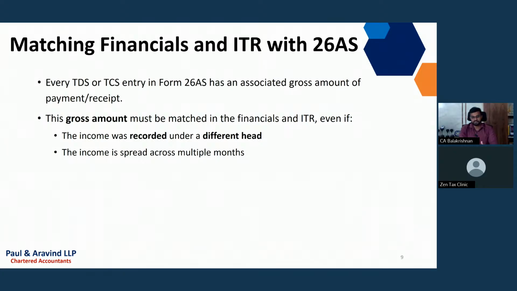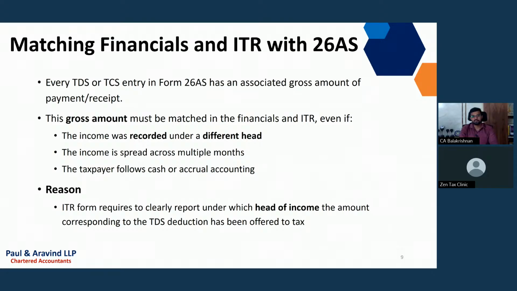Even if it is unmatched, we need to offer proper reconciliation. And even though the taxpayer follows the cash or accrual method of accounting, we need to mandatorily have proper reconciliation of tax credits and total income offered to the department.